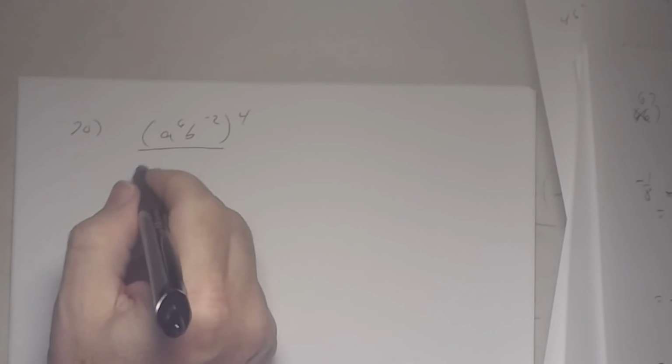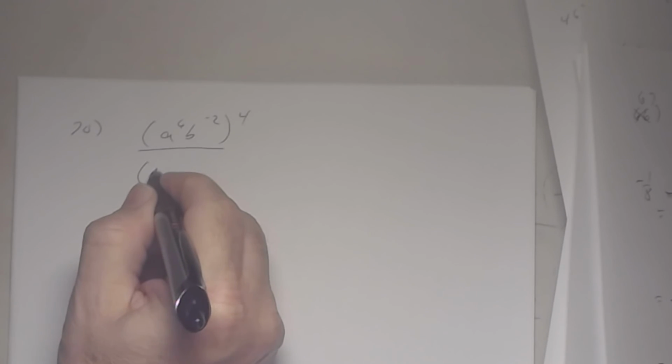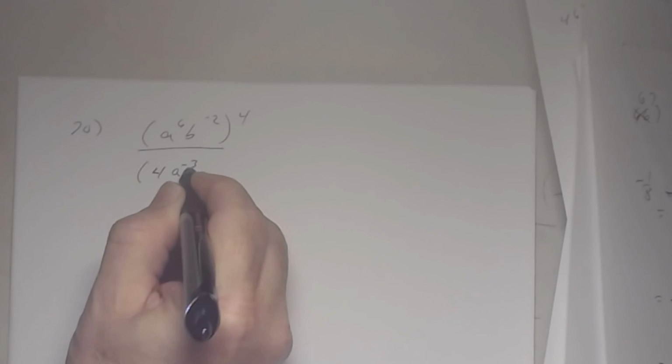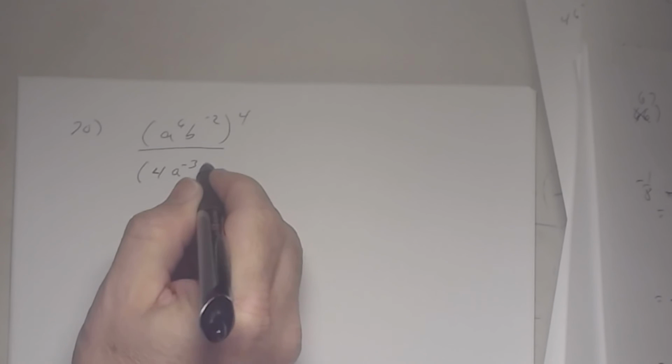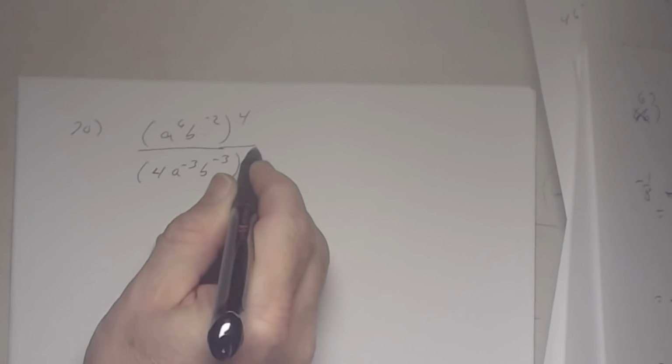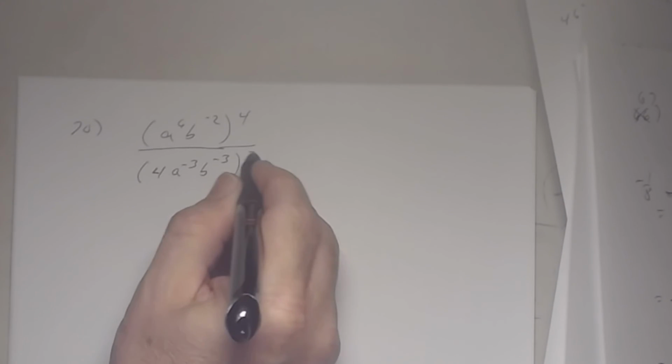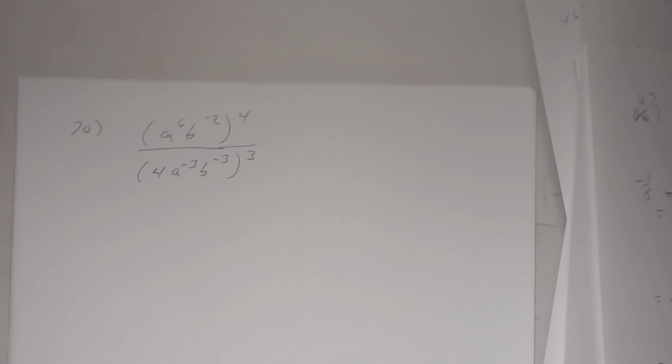And the denominator looks like this. Now that you could probably see on a test. It's not that difficult. That one's not difficult. The previous one was difficult. But this one's not.